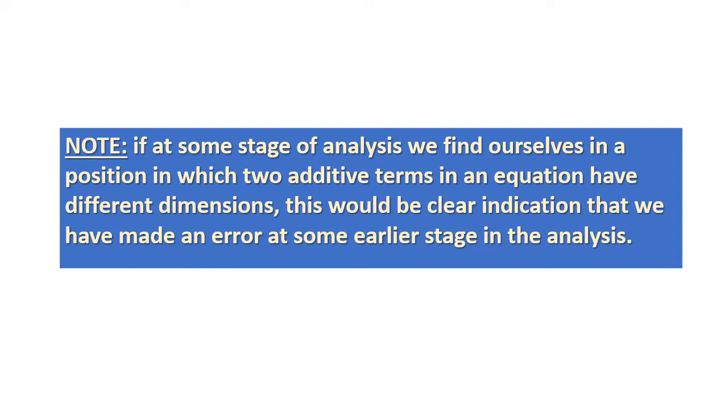If at some stage of analysis we find ourselves in a position in which two additive terms in an equation have different dimensions, this would be a clear indication that we have made an error at some earlier stage in the analysis. So what it means is, if while solving the problem you find that the dimensions of LHS and RHS are not equal, then somewhere you have made a mistake.